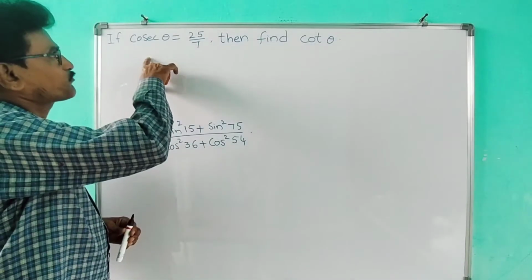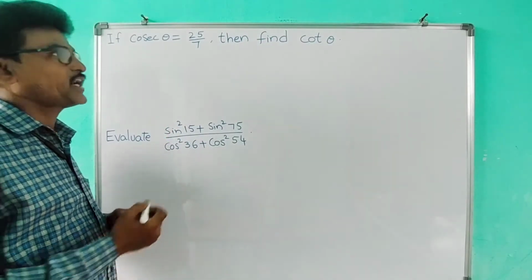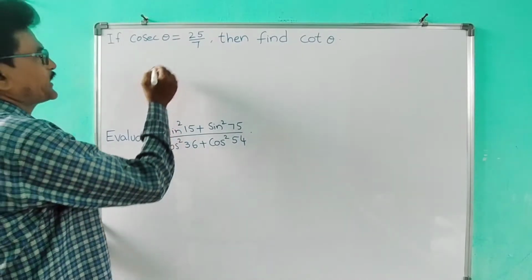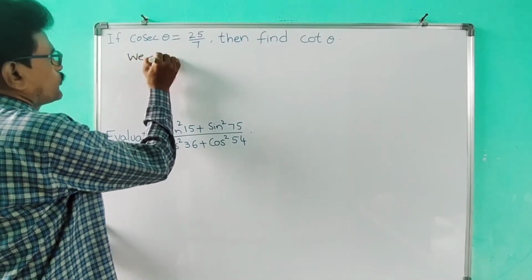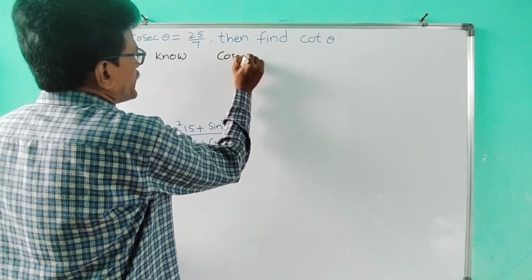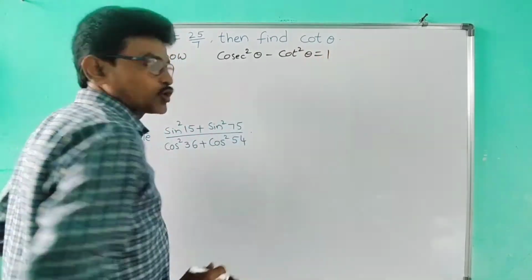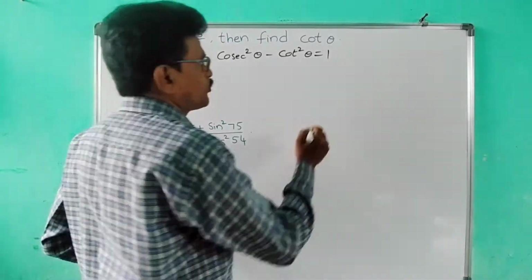See, here, if cosecant theta equals 25 by 7, then find cot theta. We know the identity, the relation between cosecant theta and cot theta: cosecant square theta minus cot square theta is 1.